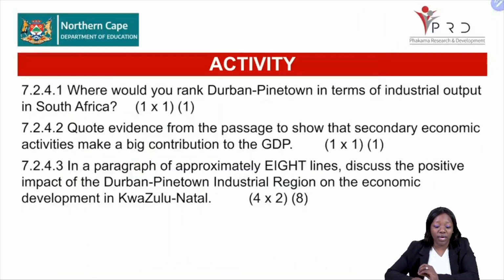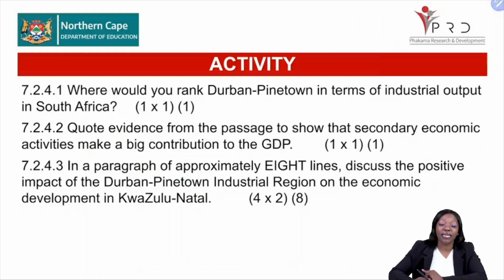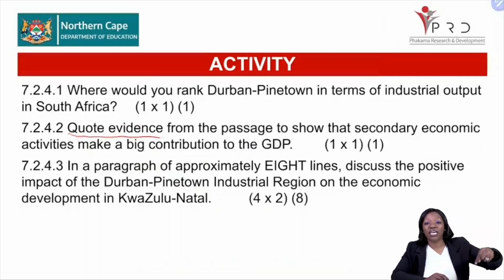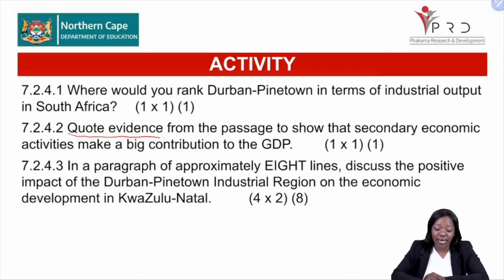Then, looking at our questions, we only have 3 questions. The first one, where will you rank Durban Pinetown in terms of the industrial output in South Africa? Then secondly, quote evidence. Remember, quote evidence, you're supposed to take it directly from the extract.